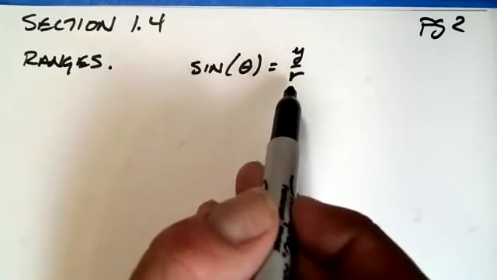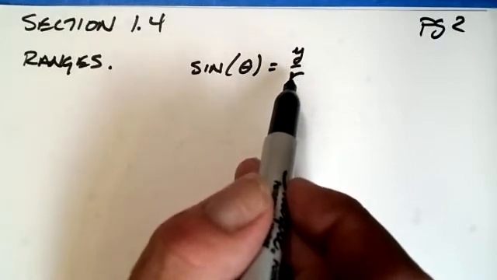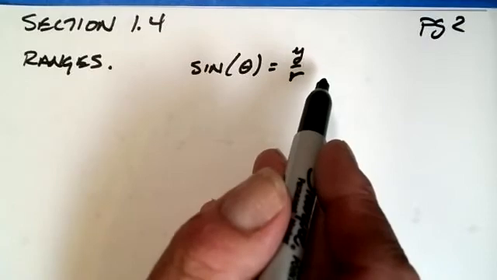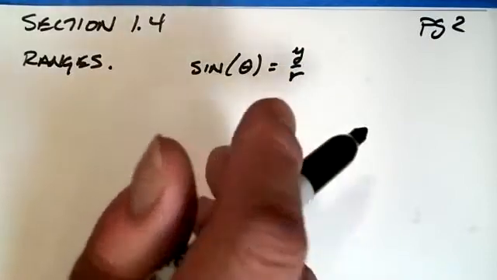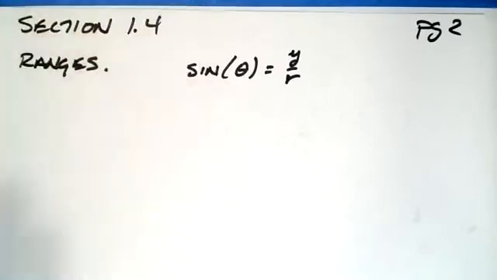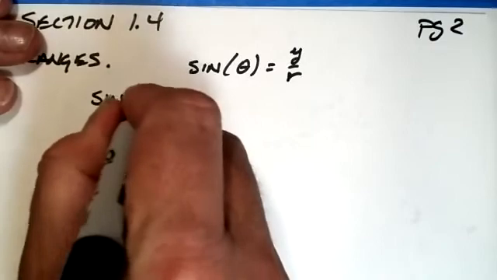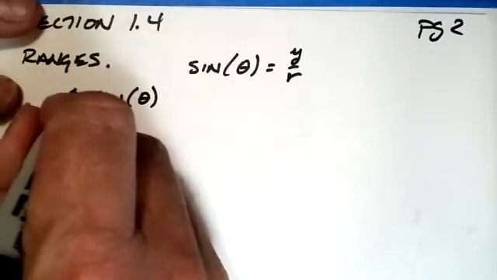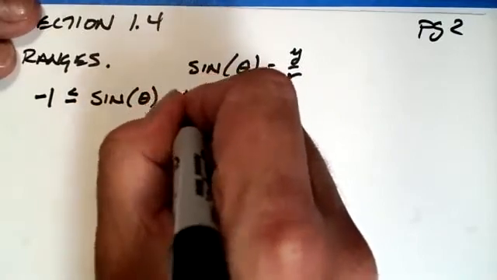It can actually be equal to r, or it can be its opposite, but it can't be larger in magnitude because of what's called the triangle inequality. And this leads to the idea that no matter what angle you pick, sine of theta is always going to be between -1 and 1.